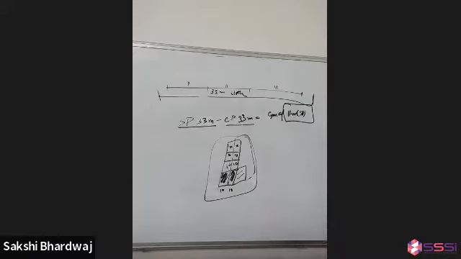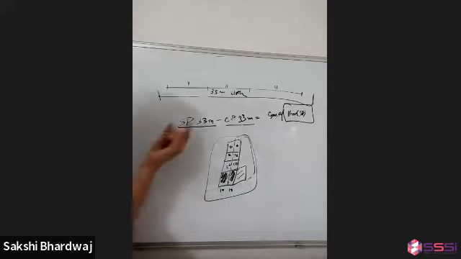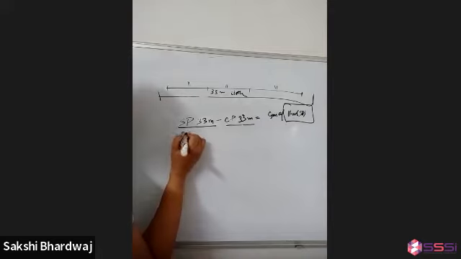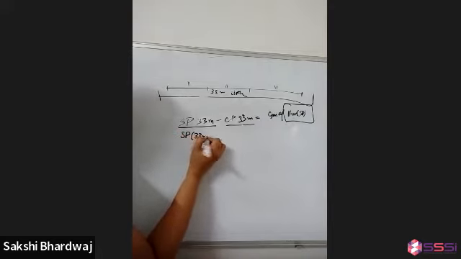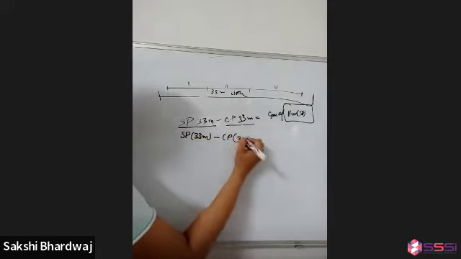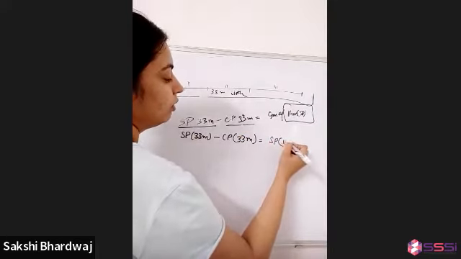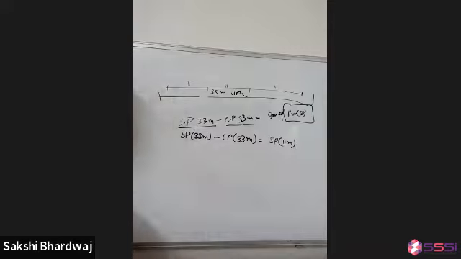So selling price of 33 meter minus cost price of 33 meter equals to selling price of 11 meter. This is SP 33 meter minus CP 33 meter equals to SP of 11 meter, right? Acha.